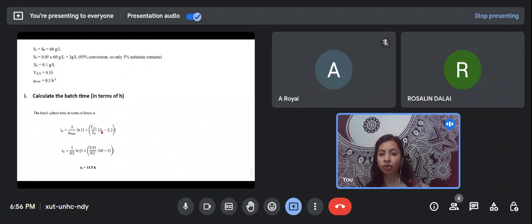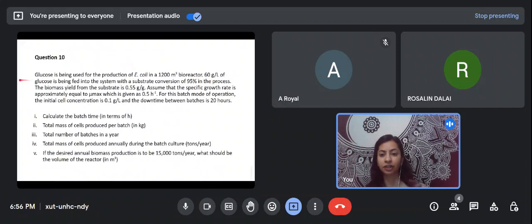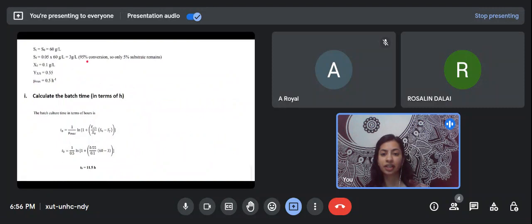So S_0 is 60 gram per liter, like they had said here, 60 gram per liter of glucose is being fed into the system, right? And the conversion rate is 95%, so only 5% substrate remains at the end of this batch.